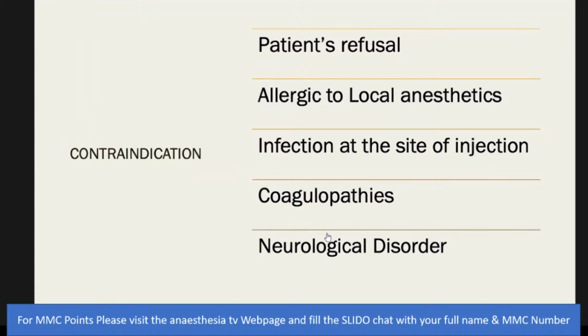Contraindications of adductor canal block are patient's refusal, history of allergy to local anesthetics, infection at the site of injection, coagulopathies, and neurological disorder.